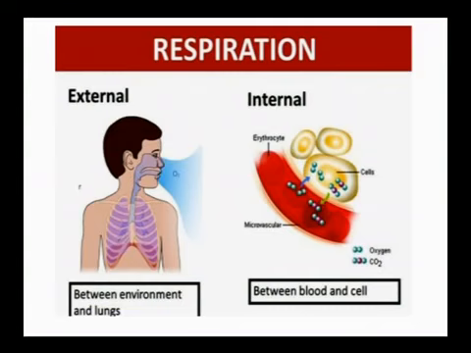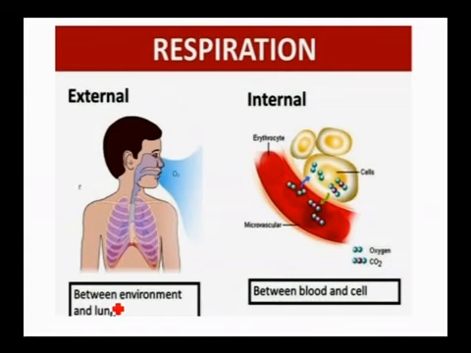So, in the mechanism of respiration, there is external respiration and internal respiration. What actually happens here? The air that we breathe in reaches the lungs. Alveoli have an intricate network of blood capillaries.